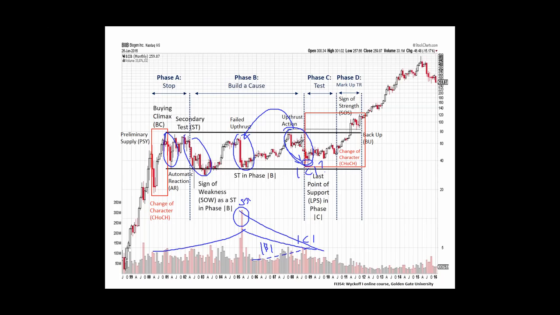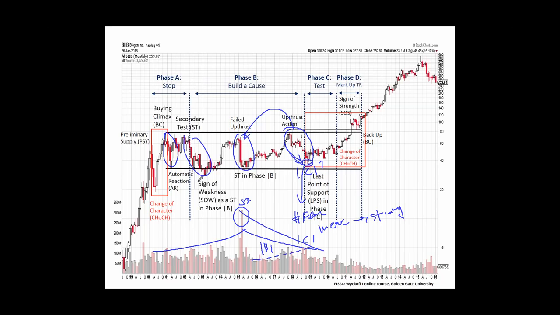Because as we go down, and as the composite operator might even be pushing the prices down to check whether supply is available, this is the second point of fear in the whole trading range, where weak hands are going to distribute the stock and where the strong hands are going to pick up that supply.